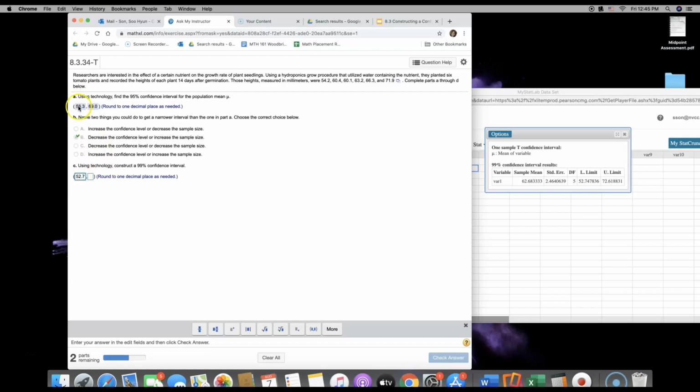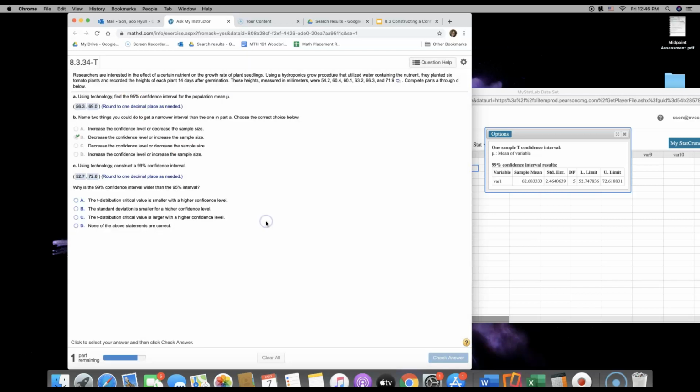Notice the lower bound is lower than what we had for the 95% confidence interval, and the upper bound is 72.6. That upper bound is higher than the upper bound for the 95%. So the interval really got wider. As you increase the confidence level, the confidence interval will get wider. Okay, and that is that.